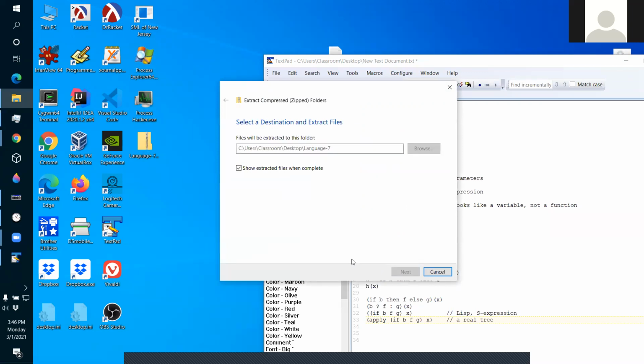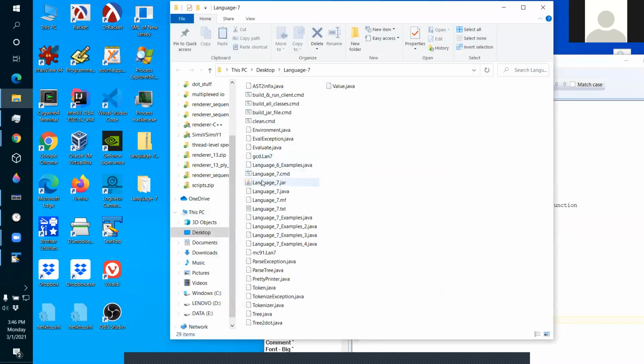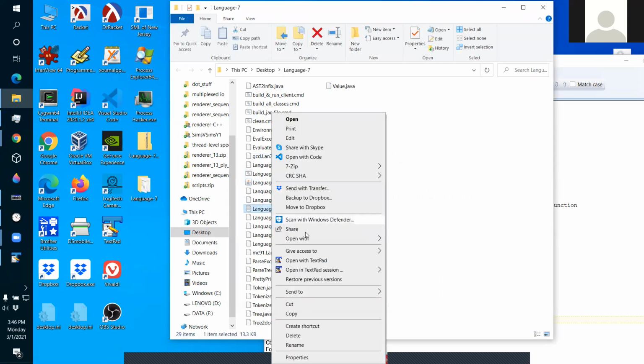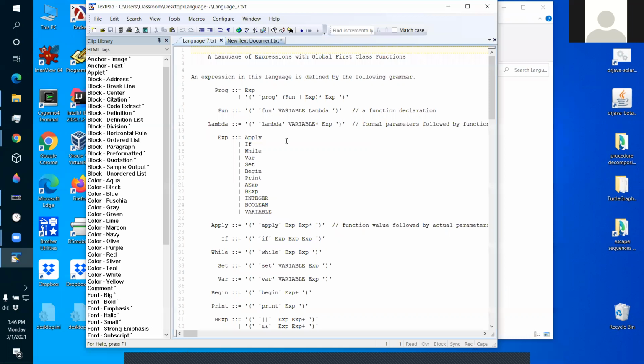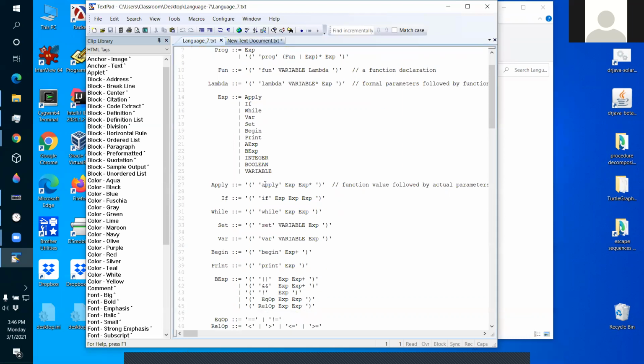Now if we look at the syntax of language 7, if you read the syntax carefully, it explains that this expression here is supposed to be something that evaluates to a function.